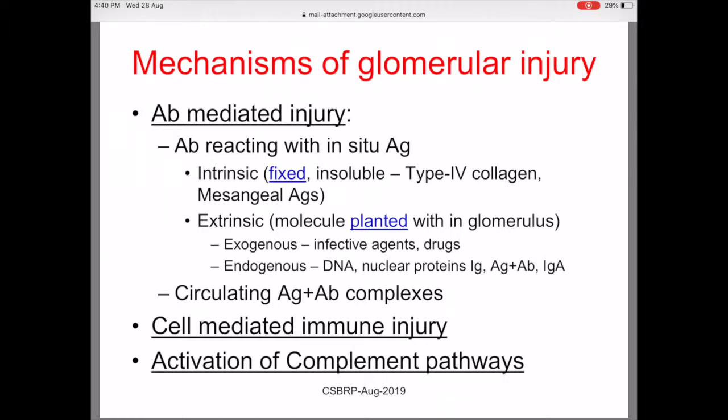Or extrinsic molecules may be planted in the glomerulus, like infective agents or circulating DNA or other antibodies, and that may initiate immune complex formation. And in some cases there may be circulating antigen antibody complexes. These may get entrapped in the glomerular filtration bed and cause an immunological injury.